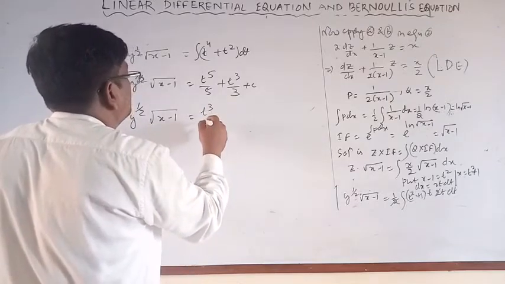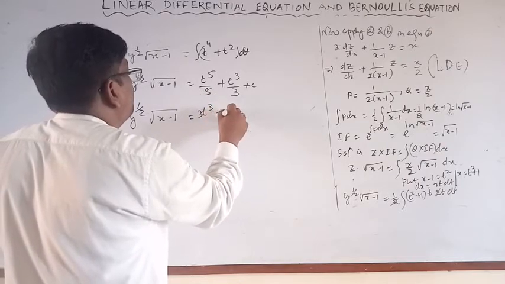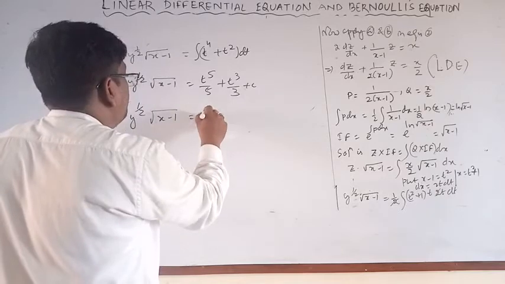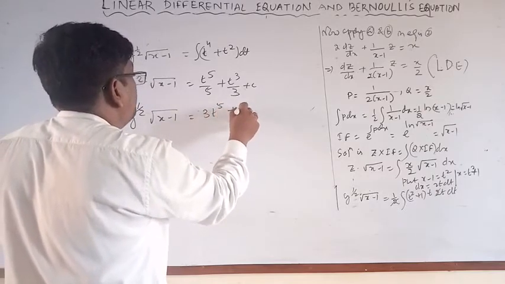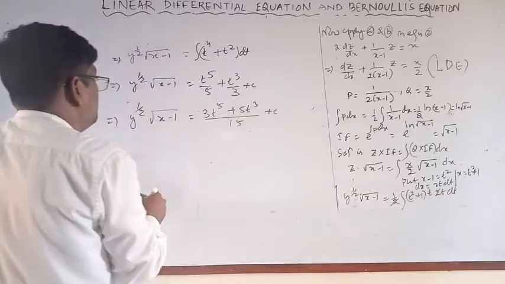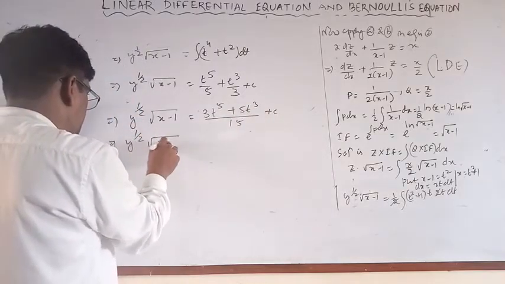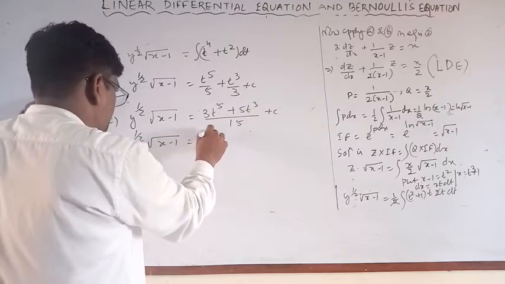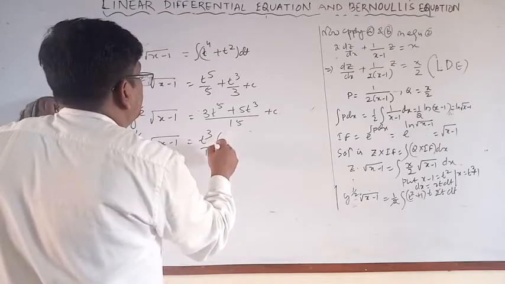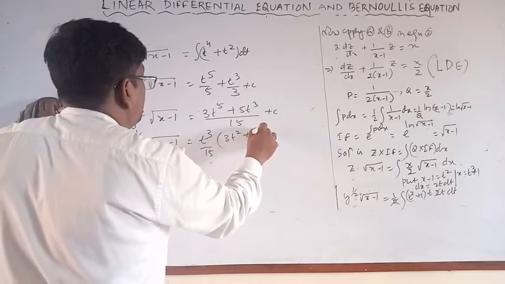So this is 3 into t to the power 5 plus 5 into t cube, divided by 15, plus c. Taking t cube by 15 common, that is equal to y to the power 1 by 2 root over x minus 1 equals t cube by 15 into 3t square plus 5, plus c.